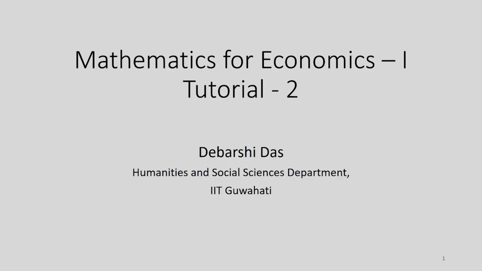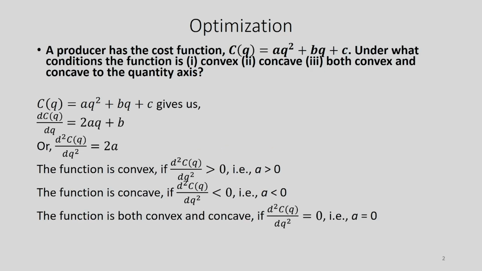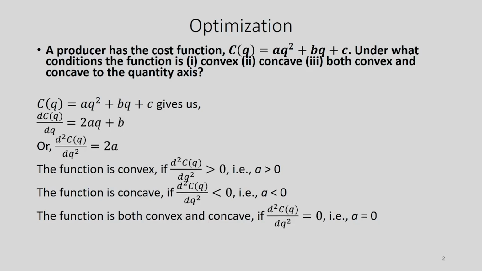As you can see on your screen, this is tutorial second part. This batch of tutorials is focused towards optimization and other topics. So we start with the topic of optimization. This is the first question that you can see on your screen.